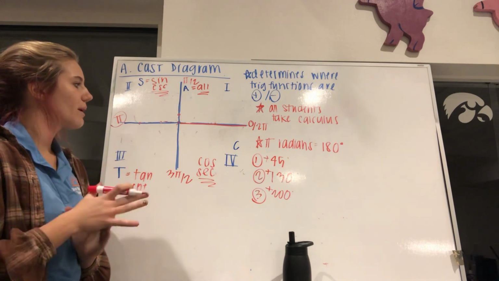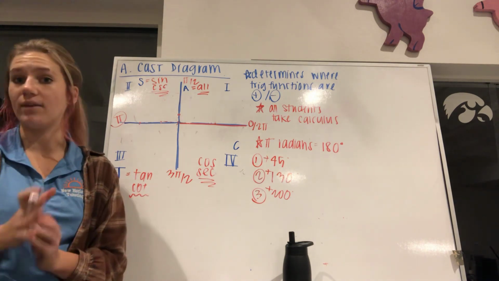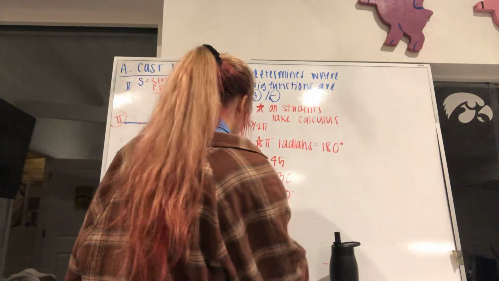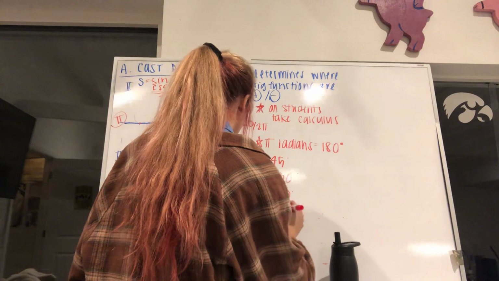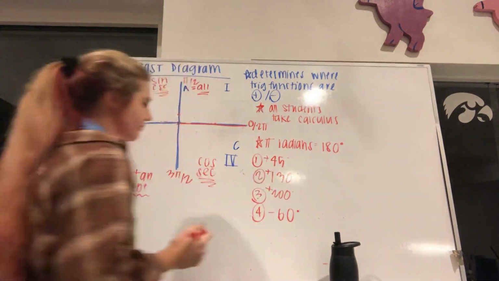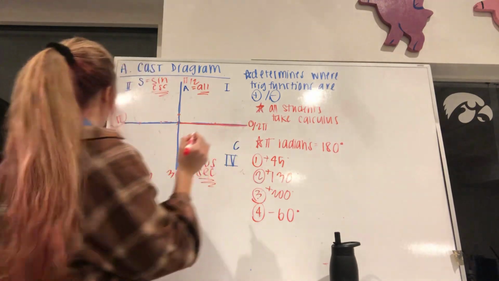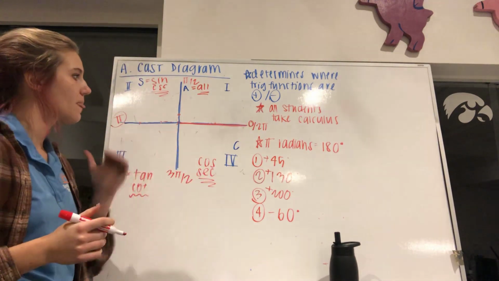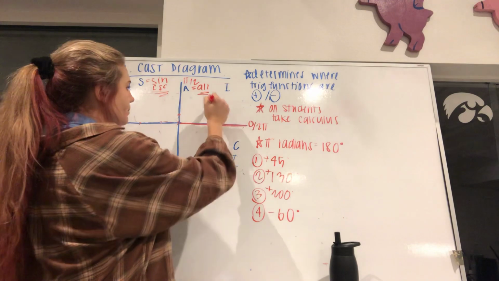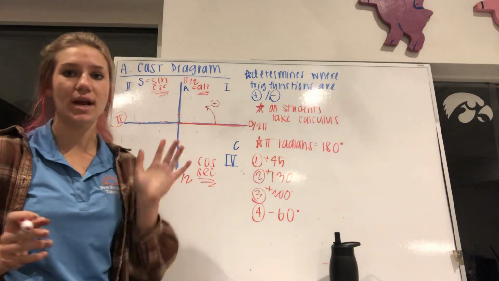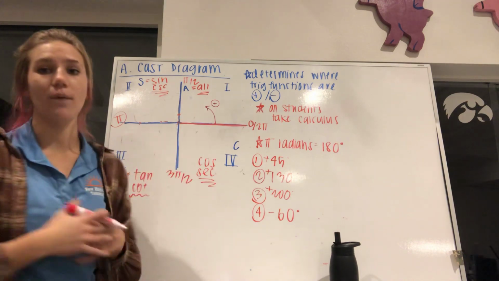One thing I do want to mention is what to do if you're given a negative angle. I talked about this already, but let's say we have negative 60 degrees, right? We're still going to start from this reference axis, the positive x-axis. But like I said before, this is the direction you move in if your angle is positive, which all of the examples we've done so far have been.